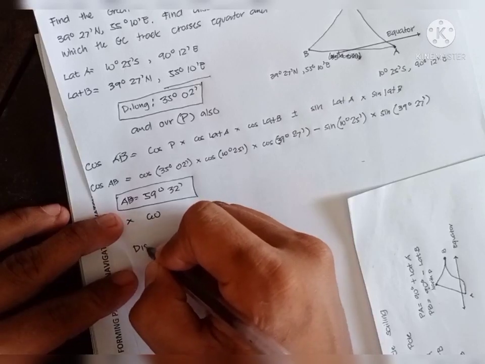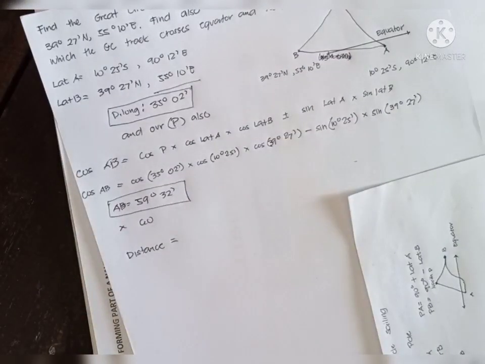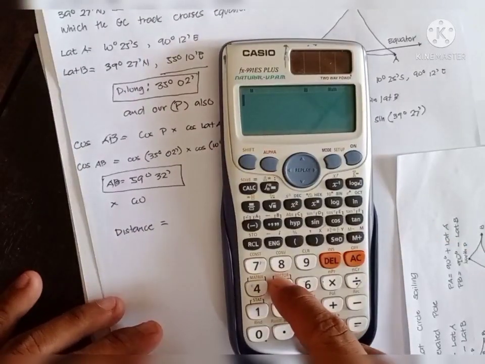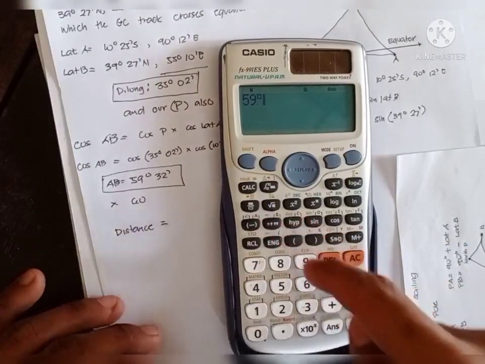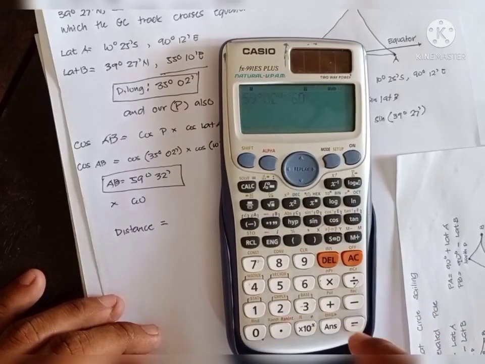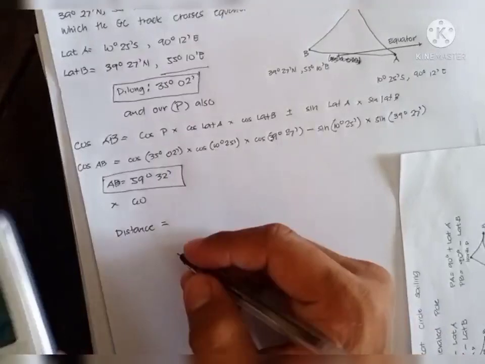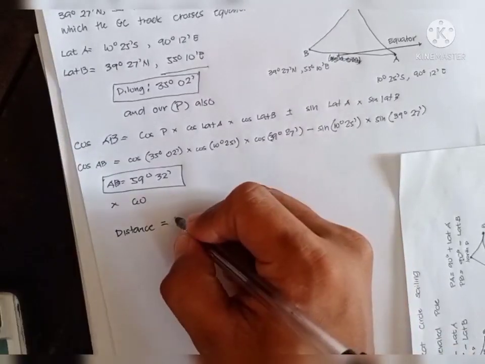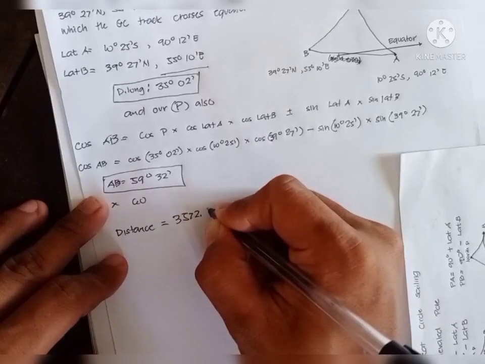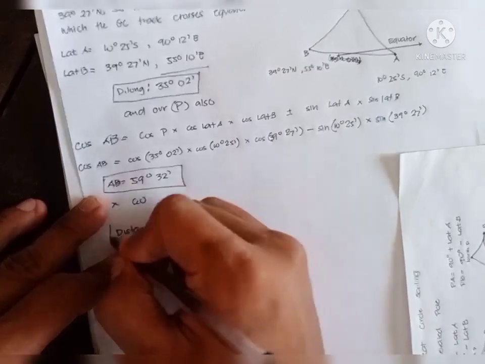So get our calculator. 59 degrees 32 minutes times 60 will come up to the answer of 3572, and we'll round up to the nearest mile. So here's our distance.